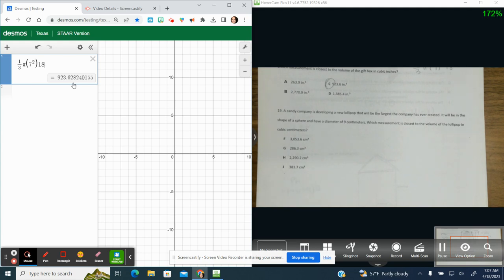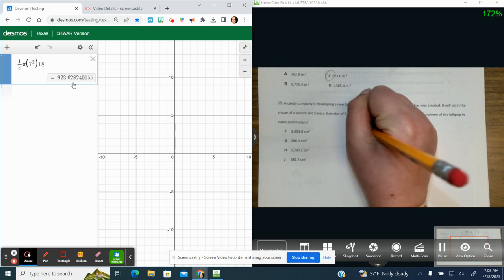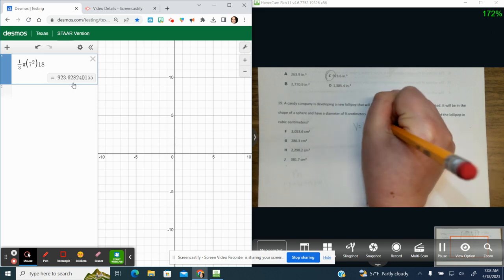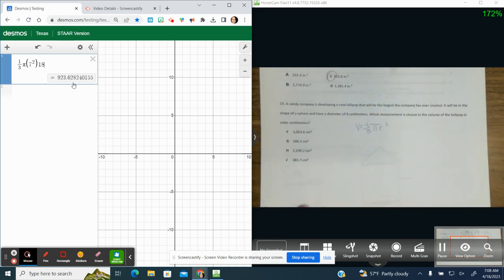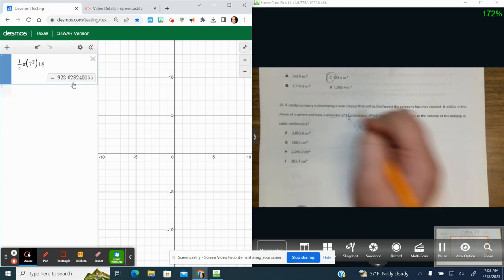Number 19, a candy company is developing a new lollipop that will be the largest the company has ever created. It will be in the shape of a sphere and have a diameter of 9 centimeters. Which measurement is closest to the volume of the lollipop in cubic centimeters? V equals 4/3 pi r cubed is our formula. We're given a diameter, so we got to cut it in half.